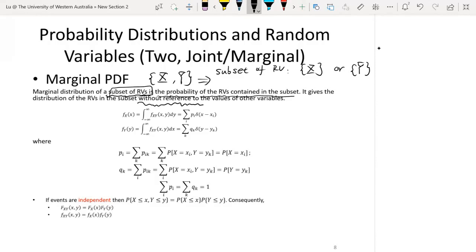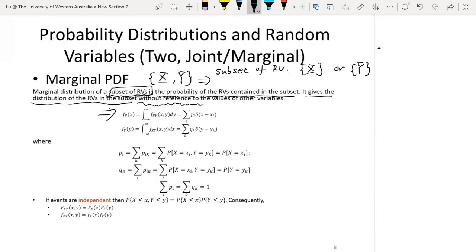So this part is x, for example. That means the marginal distribution of x is the probability of x. It gives the distribution of x in the subset of x without referencing y. If you read this part, it makes the whole thing much clearer. In this system, we have two random variables, x and y. This is the whole set of the random variables in our system.